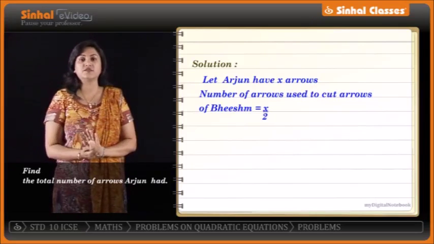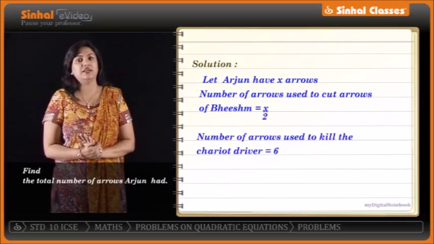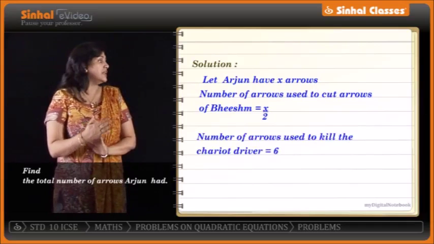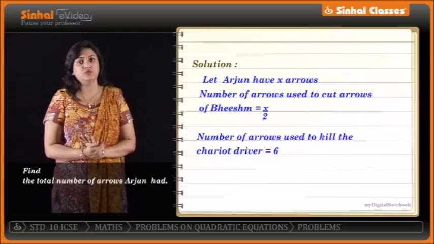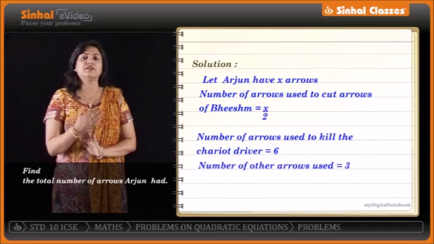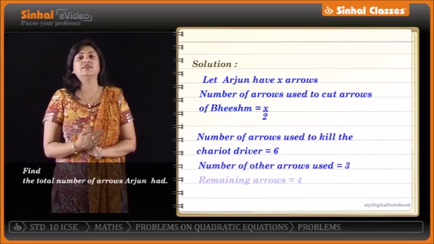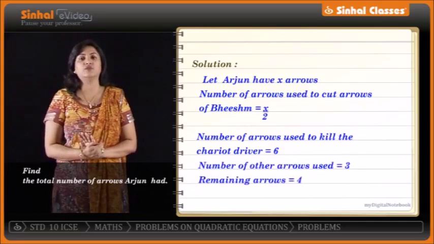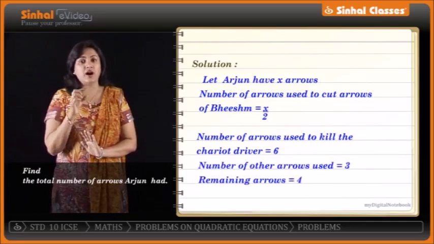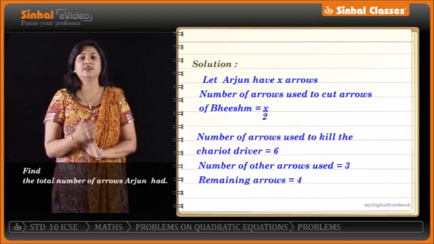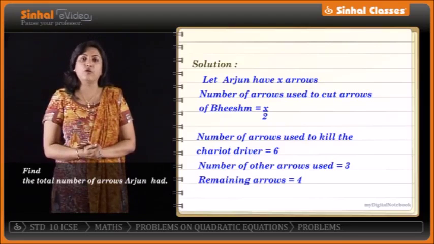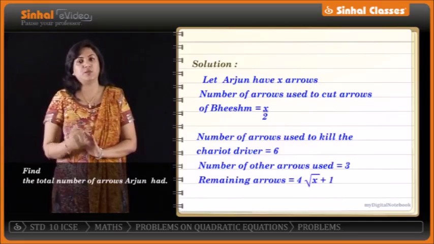So the number of arrows with which he killed the chariot driver is equal to 6. Number of other arrows used are 3. Remaining arrows used are 4 times the square root of the arrows plus 1. Now, how many arrows he had? x. So this is equal to 4 root x plus 1.